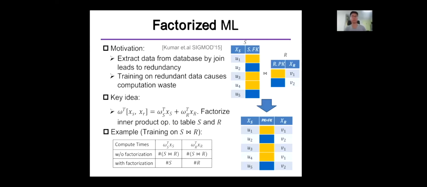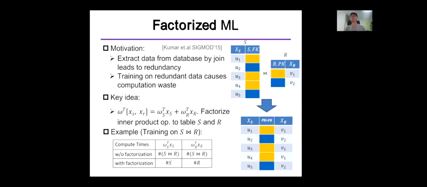So data analysts must materialize data in a single table by joining all the tables and export the data out of databases. This causes large computational cost and storage overhead, as well as data leakage risk. So factorized ML is proposed to address these issues by supporting machine learning on multiple relational tables and pushing the machine learning operators down to each single table.